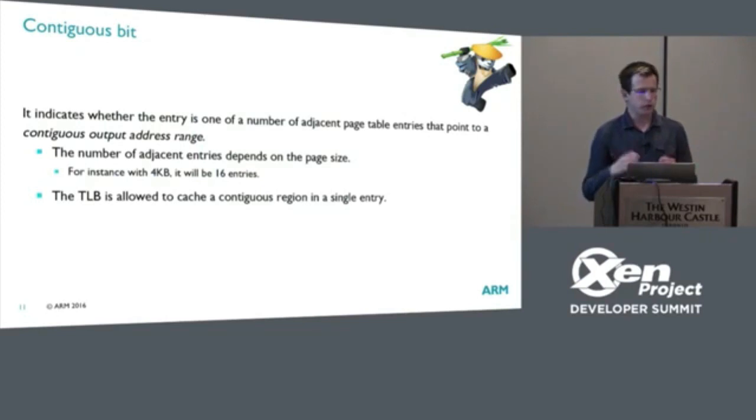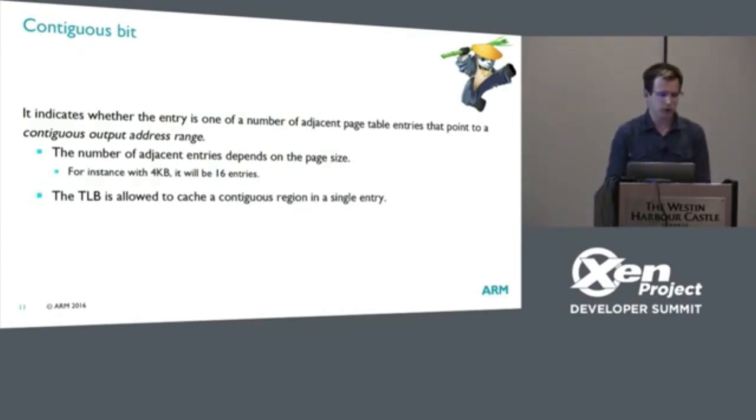So if you know that you have, say, 64K in the memory, you can create multiple entries in the page tables, but at the end, the TLB can cache only one entry. So you get performance without having block mapping in the smaller granularity for contiguous regions.